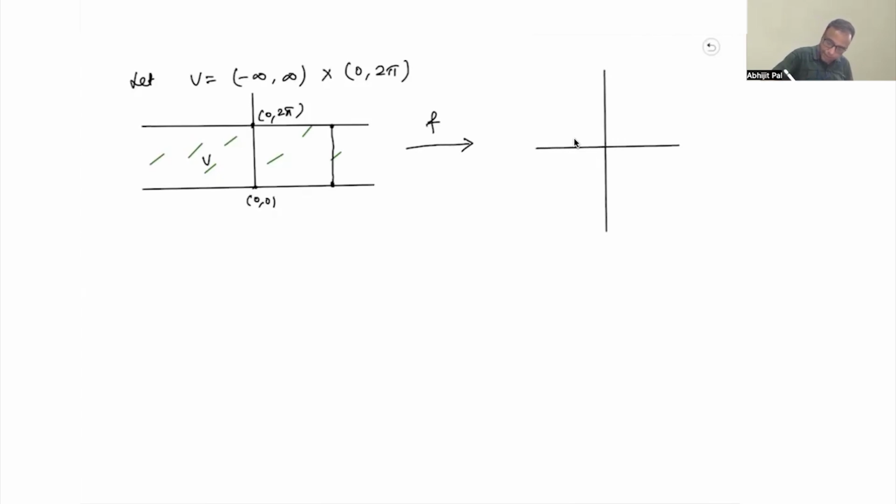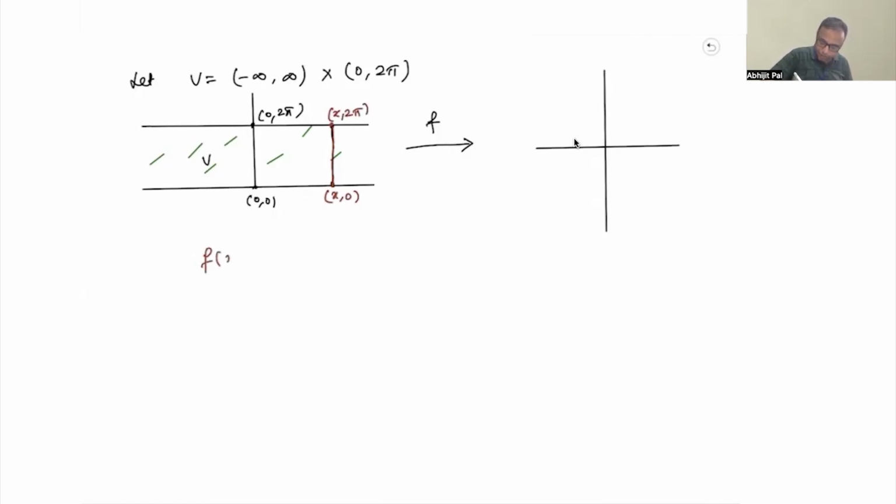Yeah, so if I take this vertical line, suppose this is (x, 0), and this coordinate is (x, 2π).